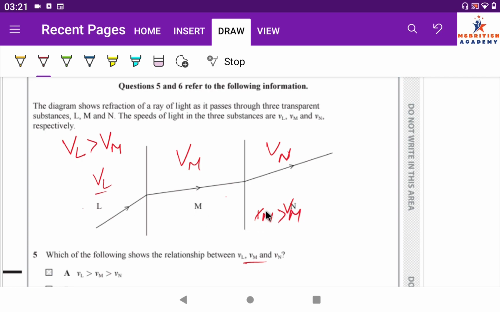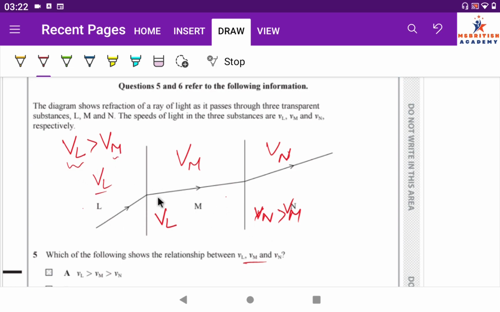So overall, the relation will be VL is greater than Vm, but Vm is less than Vn.